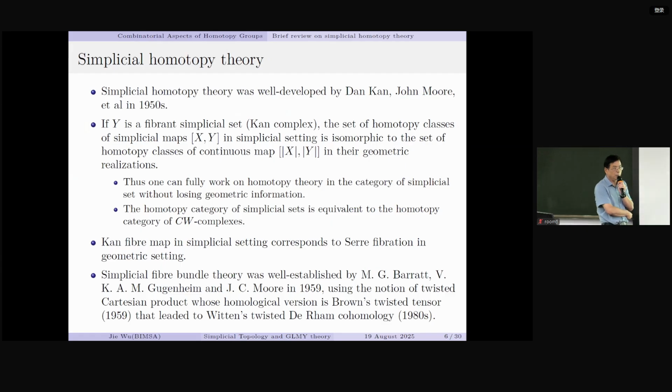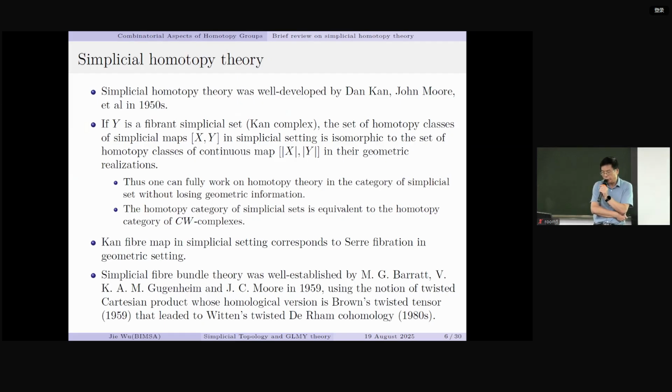And this is given by, geometrically, think about a fiber bundle, and you can look at the chain level. If you look at the chain level, you try to deal with homology. That exactly goes to Brown's twisted tensor product. This work was done in 1959.